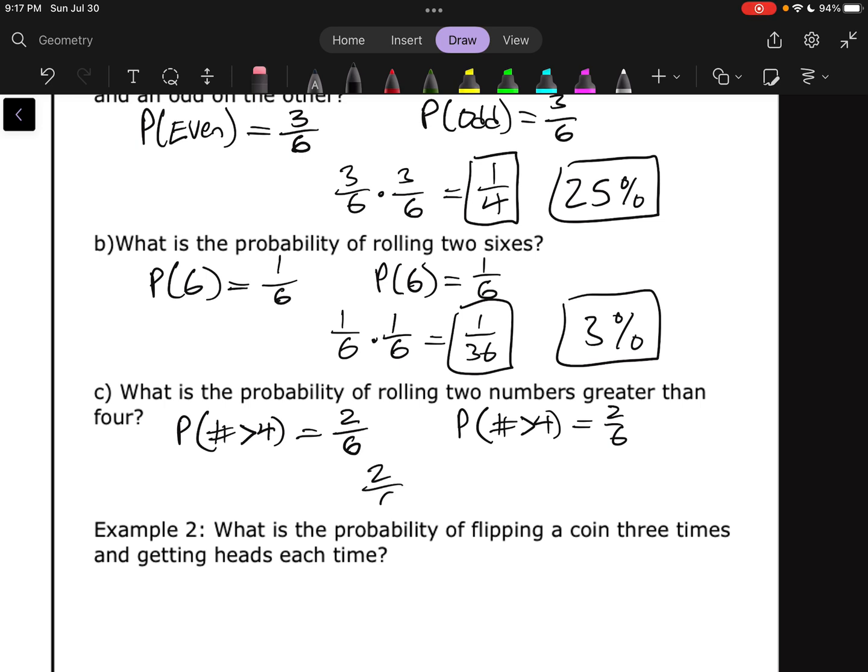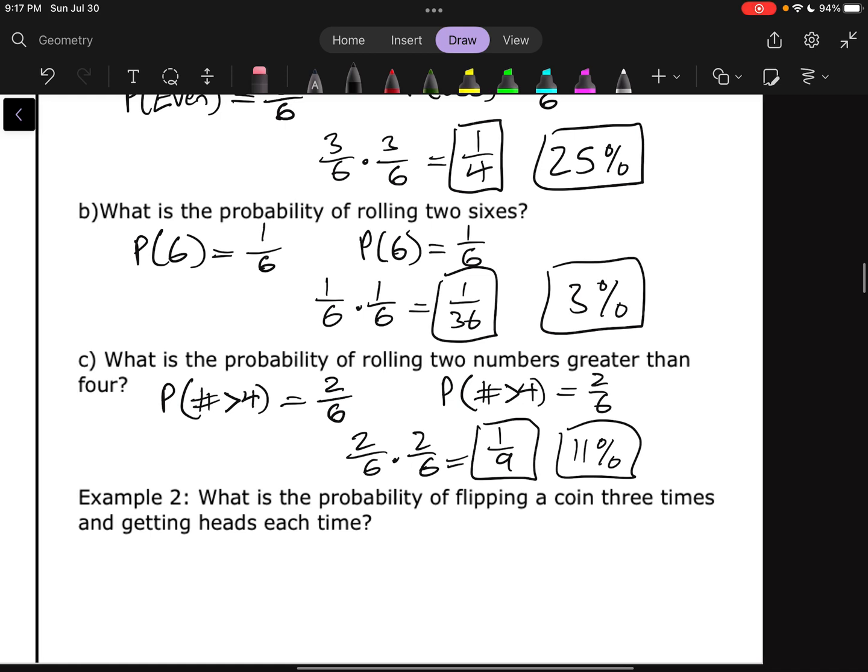So we can take those two independent events and multiply them together. So that should be, as a simplified fraction, 2 out of 6 times 2 out of 6. It's giving me 1 out of 9. That's my simplified fraction, and as a percent, that would be about 11%.